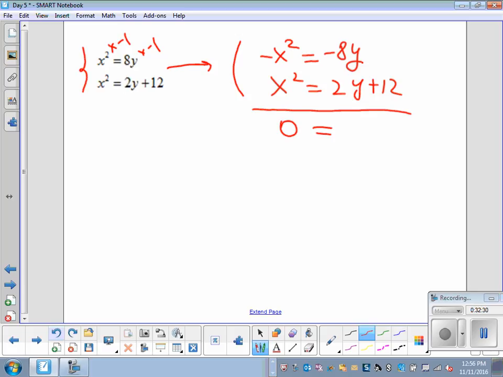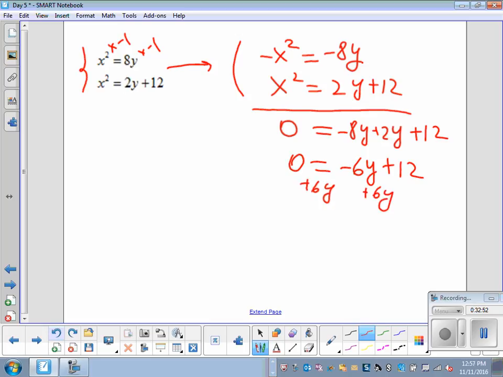I eliminated the x squared, and I have -8y plus 2y plus 12. Now I combine like terms: -6y plus 12. I can solve for y. Add 6y to both sides. 6y equals 12. Now I divide by 6.